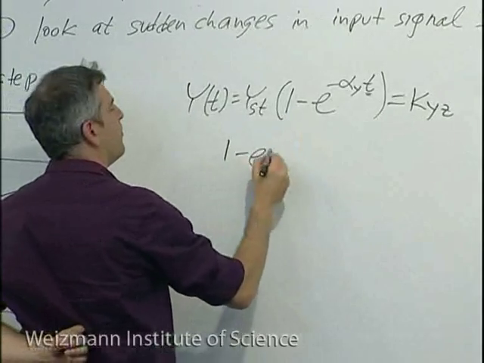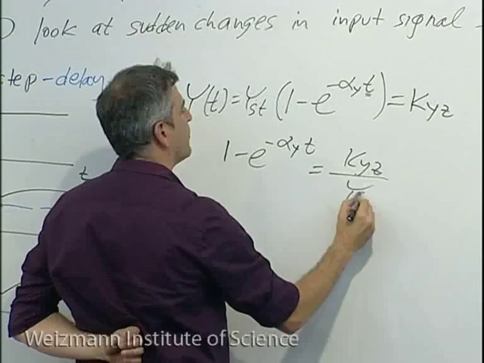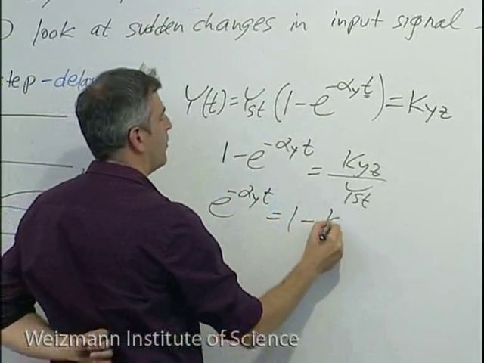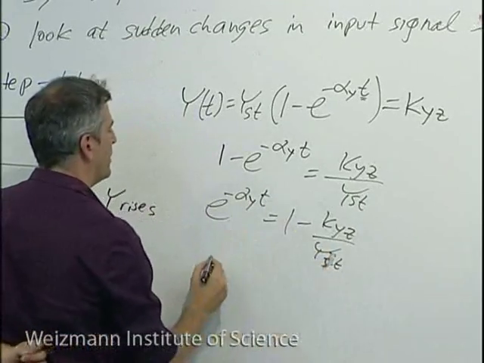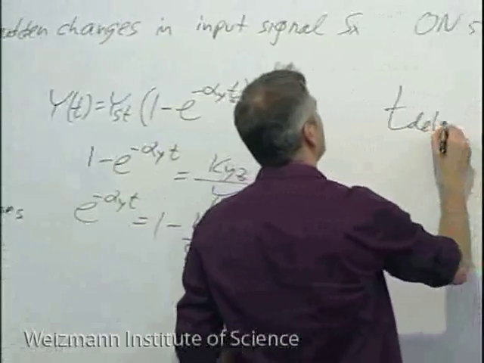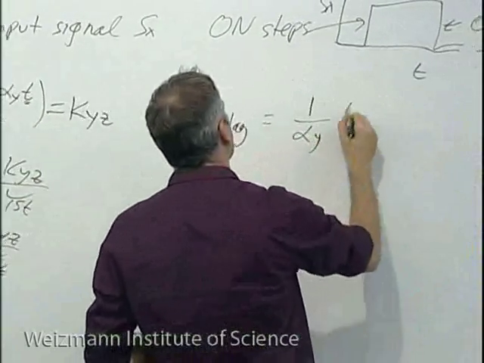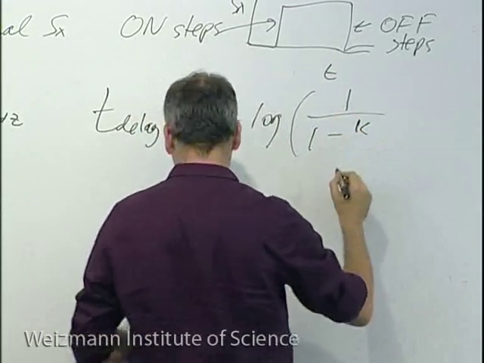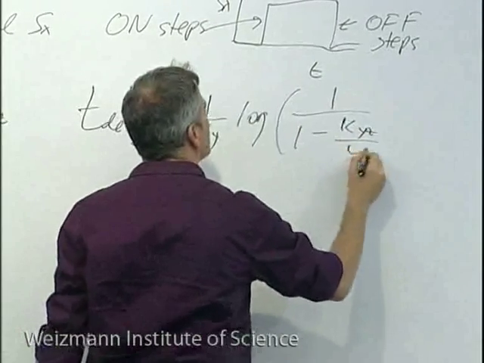And when you try to solve this, if you take the logarithm on both sides, you find that the delay is equal to 1 over alpha_Y times log of 1 over 1 minus K_YZ over Y steady state.